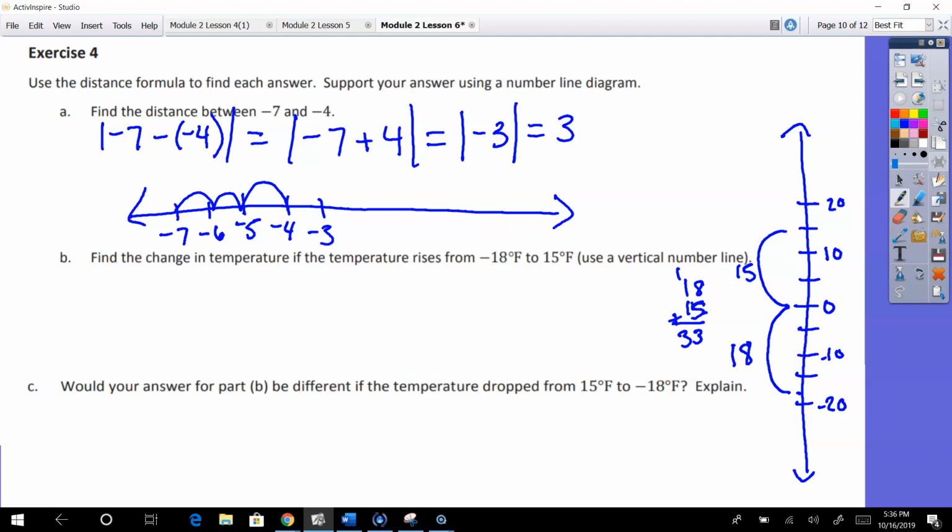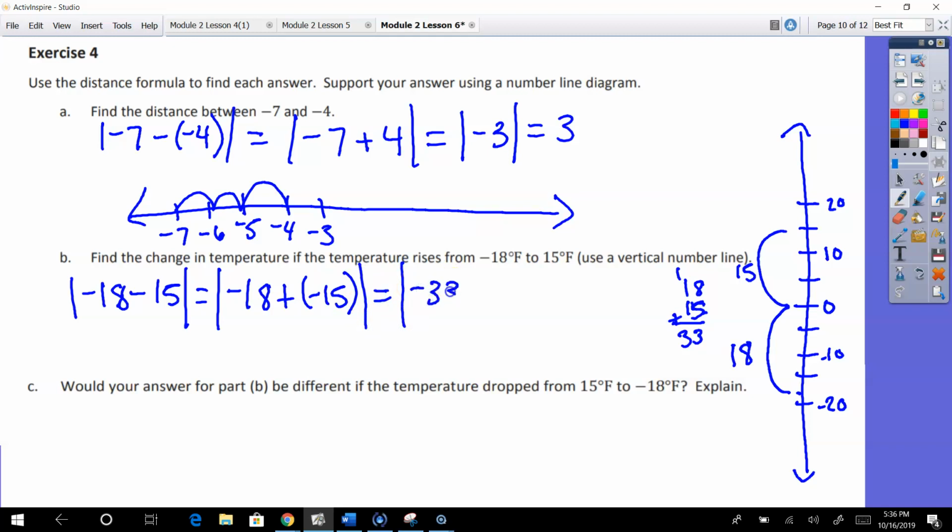Okay. And then it said to use the distance formula, so let's show it that way too. Negative 18 minus 15. So then the absolute value of negative 18 plus a negative 15 equals, they're the same sign, so you're adding them.